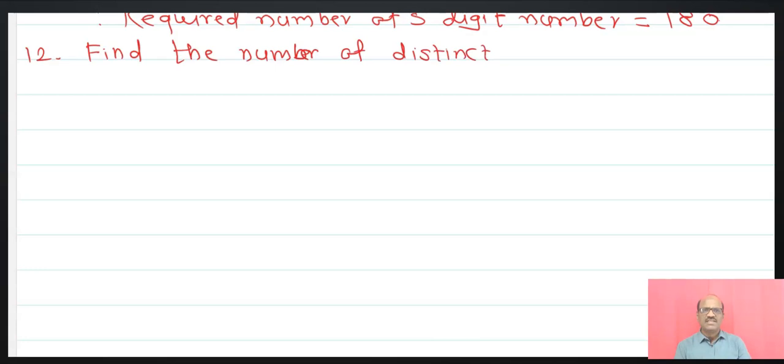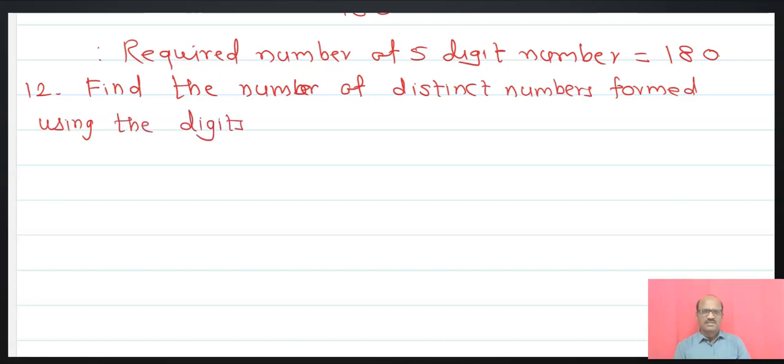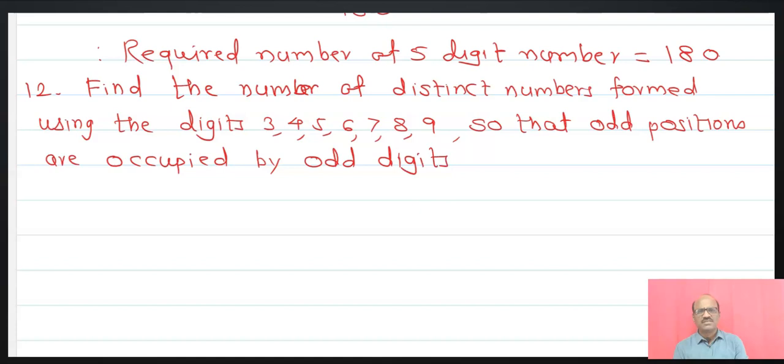Find the number of distinct numbers formed using digits 3, 4, 5, 6, 7, 8, 9, so that odd positions are occupied by the odd digits.